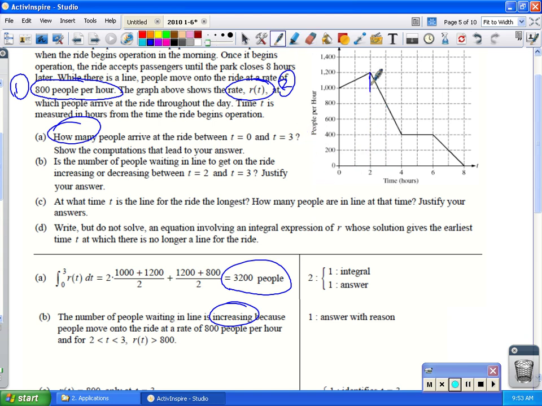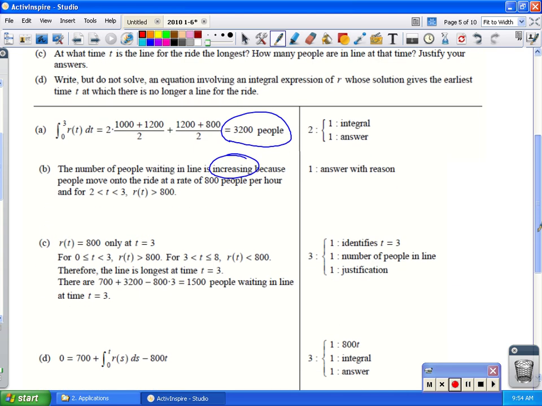So we're looking from 2 to 3, and this is people per hour right here. And then the graph, this is the graph that represents the rate of people arriving.